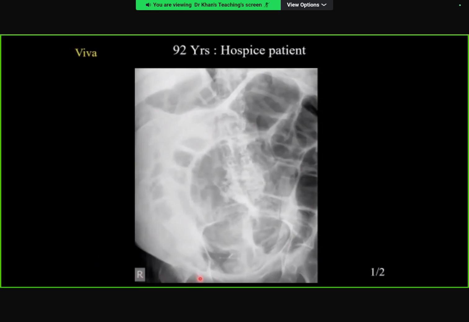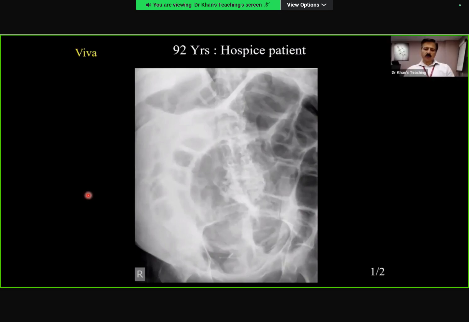My first differential for this will be a sigmoid volvulus. I can't see any free air or gas. The patient still has an intrauterine device, I think, in the pelvis. So in summary, this looks like a sigmoid volvulus as the most likely diagnosis.